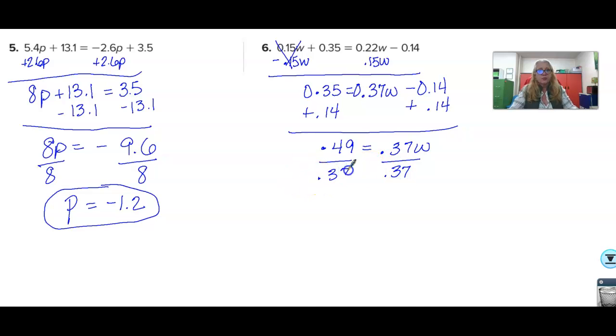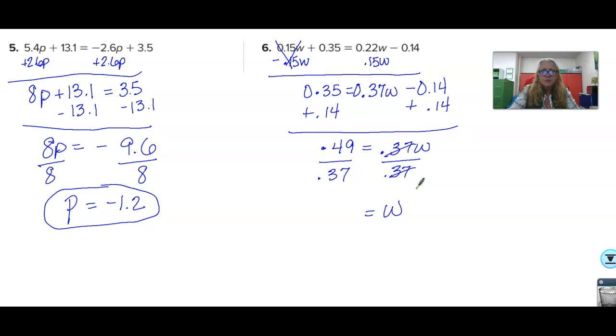Well, this is not going to be pretty, not at all. This looks terrifying from here. 0.49 divided by 0.37. Oh, something's got to be wrong there. What did I do wrong? Let's see. 0.37, that would be 9 and 4.